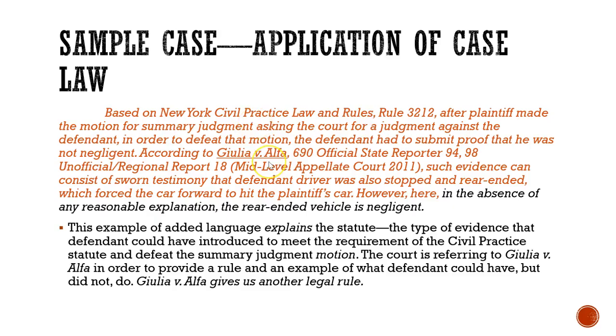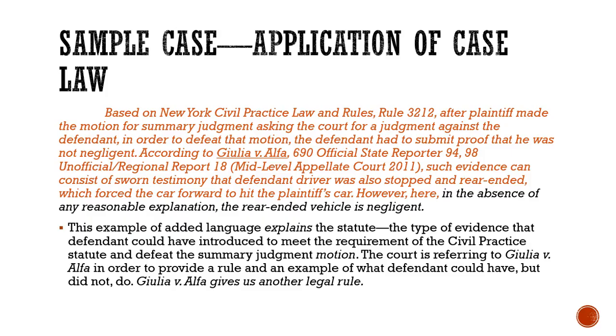Guilia is applying the statute as an interpretive form of decision. So we have common law, and we have a rule from the statute. And then we have a case, Guilia versus Alpha, that is interpreting the statute under the circumstances of this case.